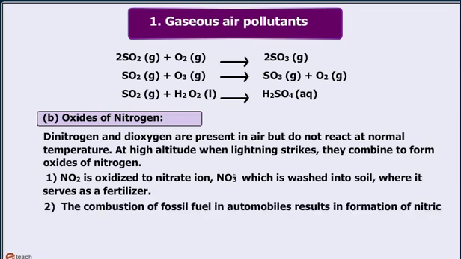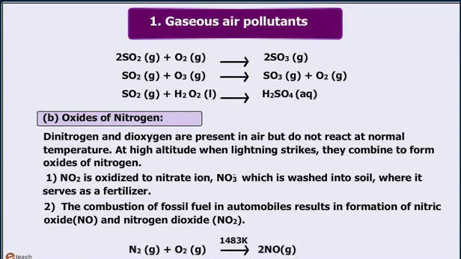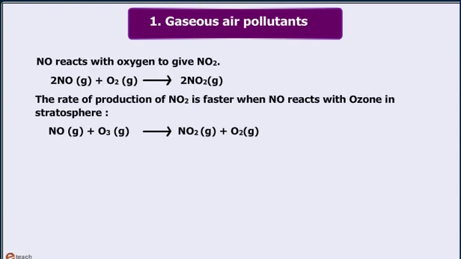The combustion of fossil fuel in automobiles results in formation of nitric oxide, NO, and nitrogen dioxide, NO2. NO reacts with oxygen to give NO2. 2NO gas plus O2 gas gives 2NO2 gas.